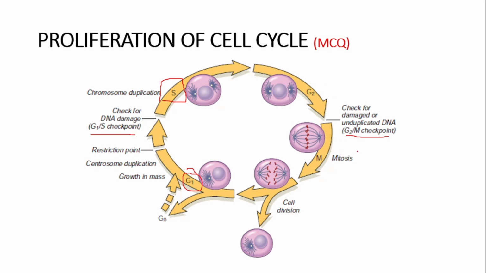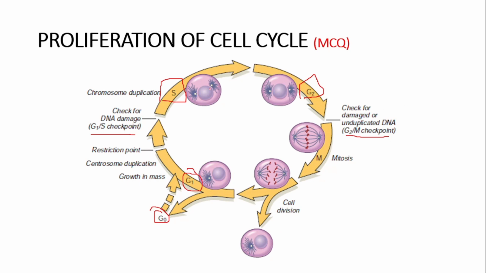Just before mitosis is the pre-mitotic phase, which is the G2 phase, and M is the mitotic phase. After the cell cycle completion, the cell will either undergo cell division, or it will just enter into the resting phase, which is called the G0 phase.